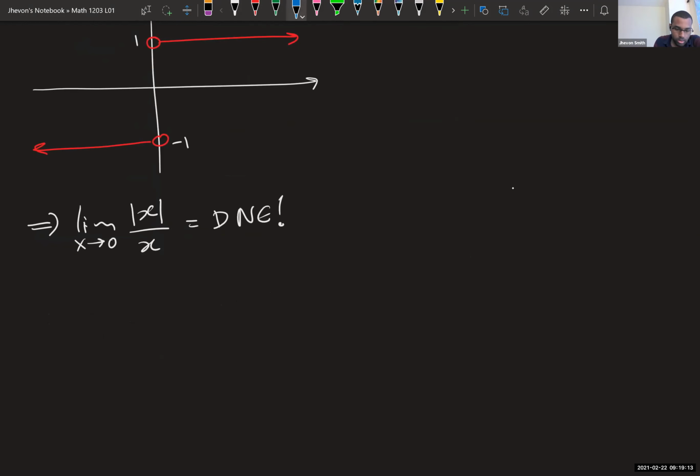Just to explain a little further, the limit as x approaches 0 from the right of absolute value x over x is 1, but that is not equal to the limit as x approaches 0 from the left, which is -1, right? So the left and right don't agree, and so the limit does not exist.